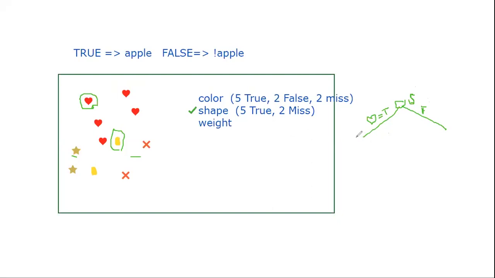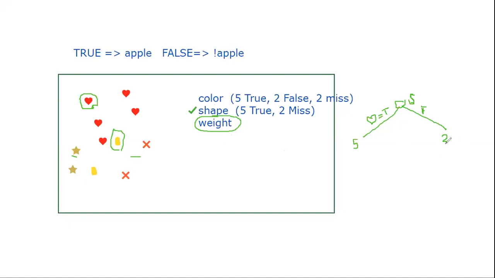If it is not true that the shape is a heart shape, then we have to take a decision like whether the color is red or not, or whether the color is yellow or not. If it is not a heart shape but the color is yellow, then I choose that it is an apple, and so on.